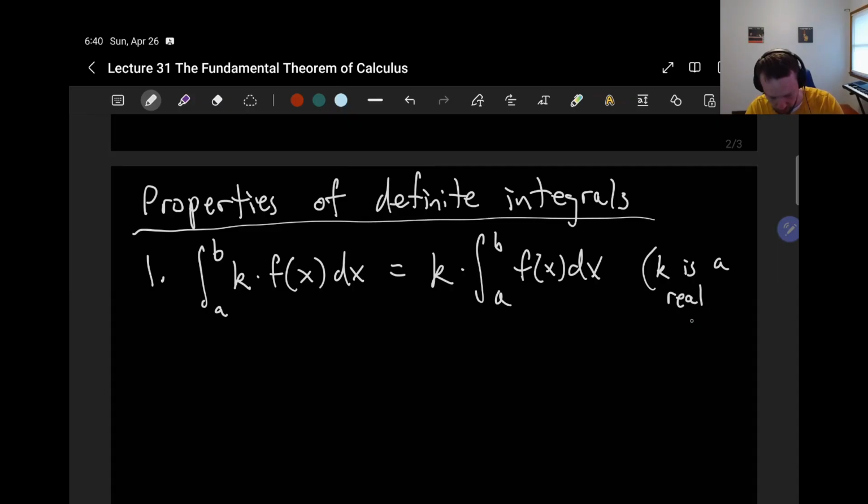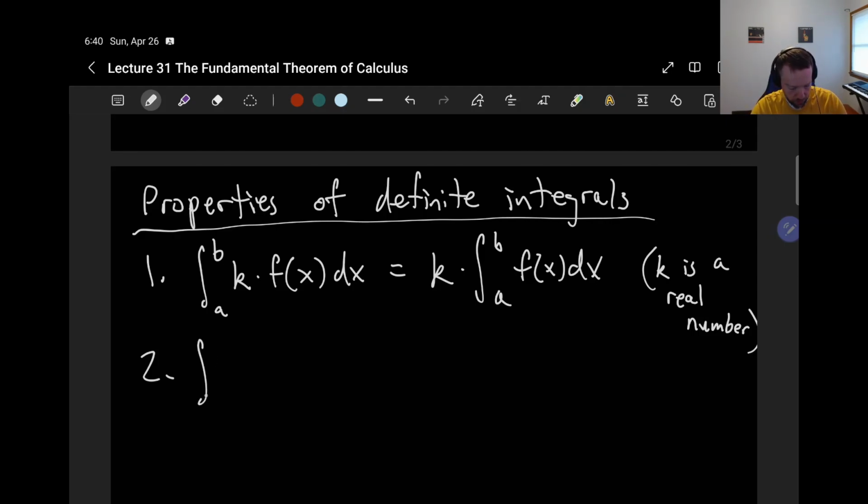K is a real number, like a constant. Obviously, if K were instead something that involved x, like some function of x, then you cannot just move it out. But if K is just a number, then yes, you can move it out like this.